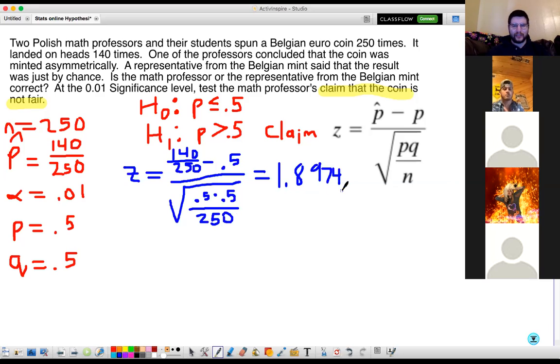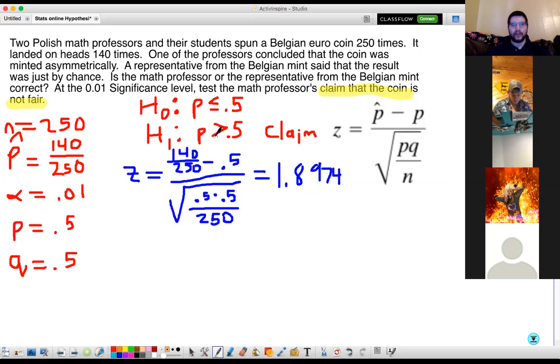So that's the test statistic. So now we can jump straight to the p-value method if we want to. I'll do both ways. So we look at our tail. What kind of tail do we have? We have a right tail because the alternative is greater.